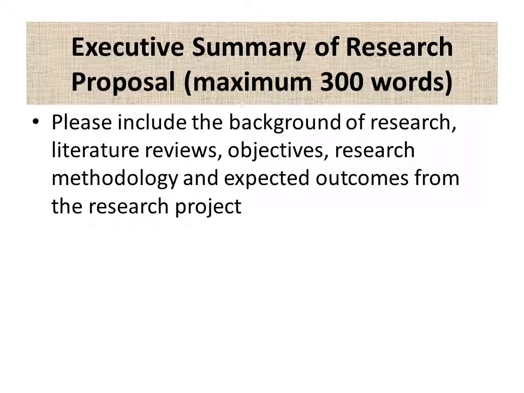Remember, the first section is the objective, while the executive summary is the last section that we write. In the executive summary, the ideal approach is to rethink, rewrite and blend all the background of research, literature reviews, objective, and research methodology, and you must be able to write the expected outcomes from the research project.